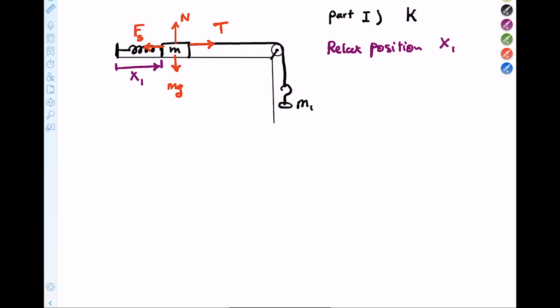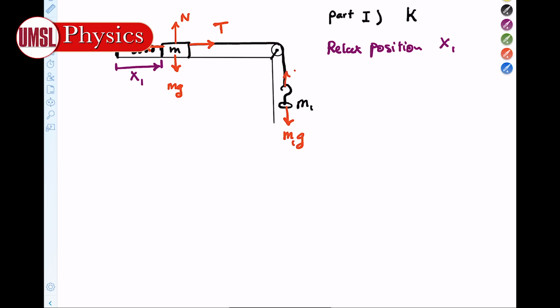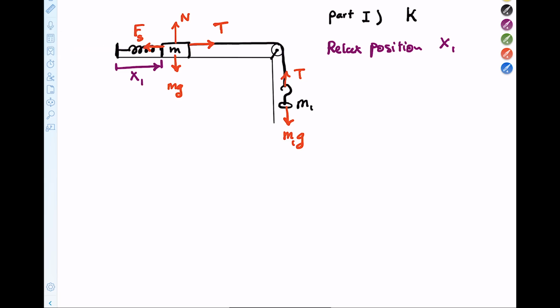On the other side, the hanging mass has force of gravity M1G and tension upward.